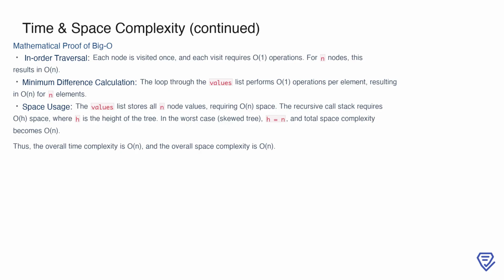In terms of space, the values list stores all n node values, requiring O(n) space. Additionally, the recursive call stack uses O(h) space, where h is the height of the tree. In the worst case, when the tree is skewed and h equals n, the total space complexity becomes O(n). Thus, both the overall time and space complexities of the algorithm are O(n), confirming its efficiency.